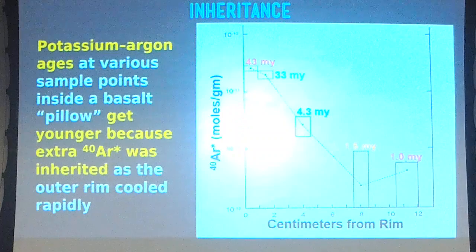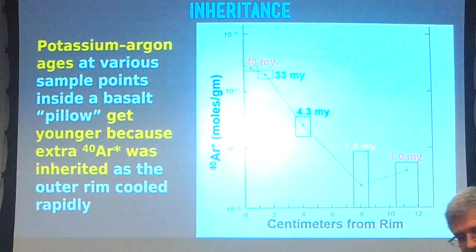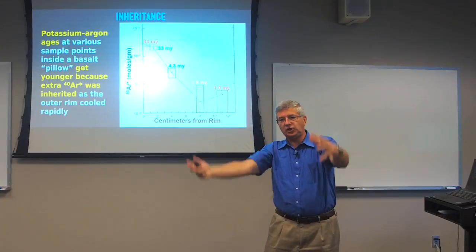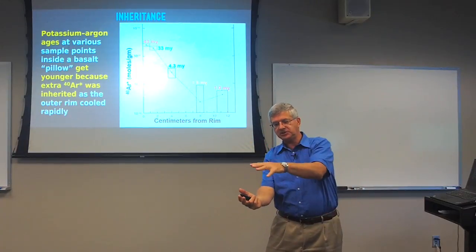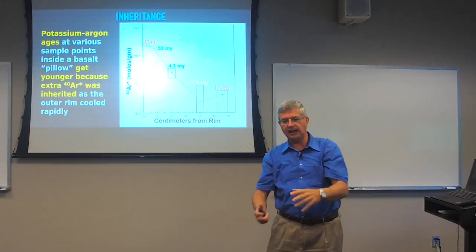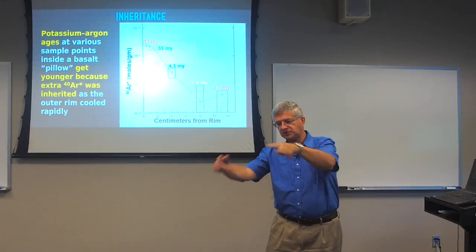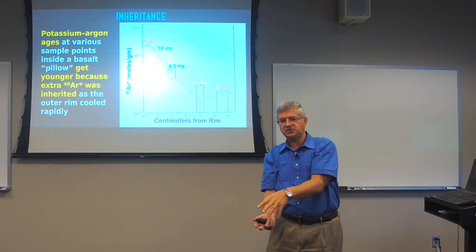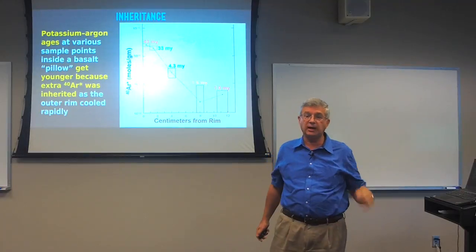Here's another situation where in Hawaii they tested what happens when the lava erupts underwater. The outer skin of the lobe of lava that's going out there is going to quickly cool, and it's going to mushroom like a pillow. The outer surface will cool very rapidly, while the inside takes a little bit longer.